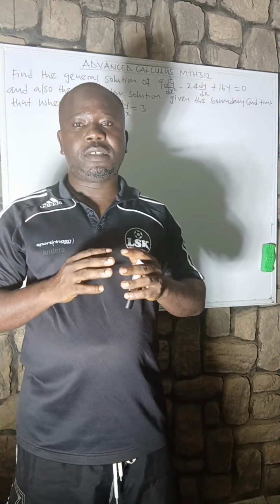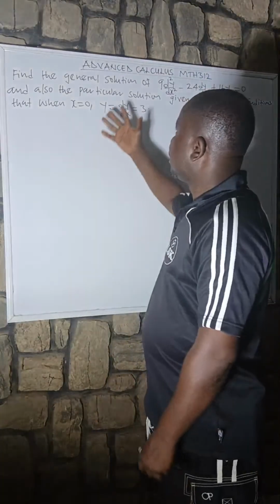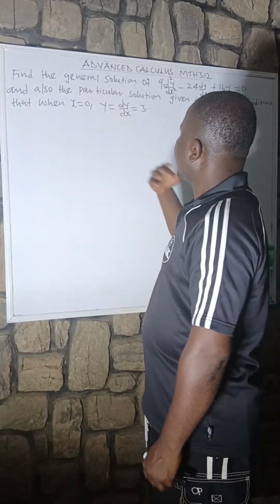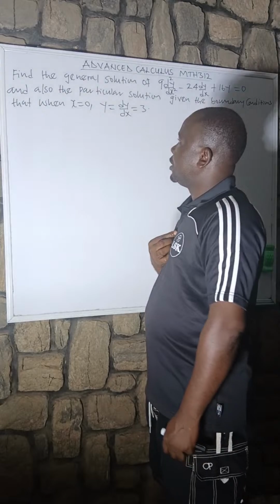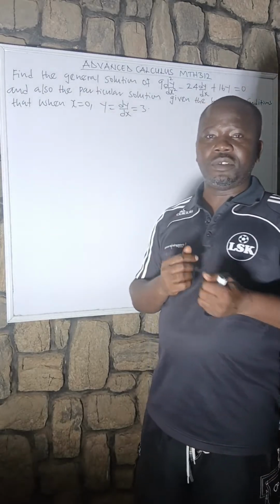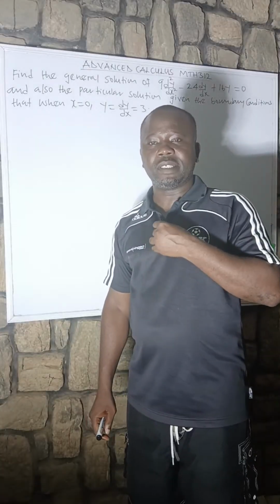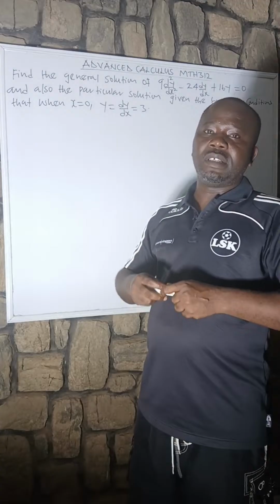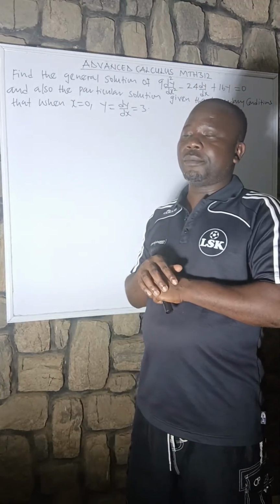This morning, we'll be looking at this very question. It is a second order differential equation, and I'm going to break it down for you to understand. Most especially those who are in polytechnic, HND, university, 200 to 300 level, and mathematics students.